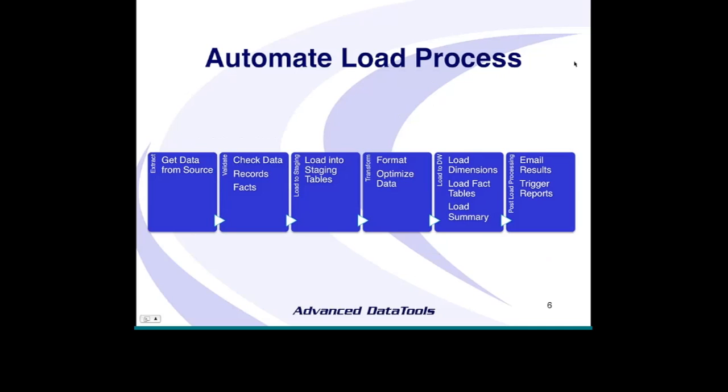The second step is to check the data and make sure it's valid. And then you want to load it into staging tables. And this is where, in a staging table, you could use SQL against it, you can format it, you can optimize the data.